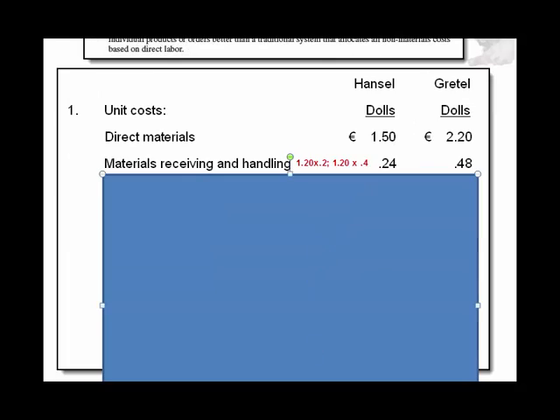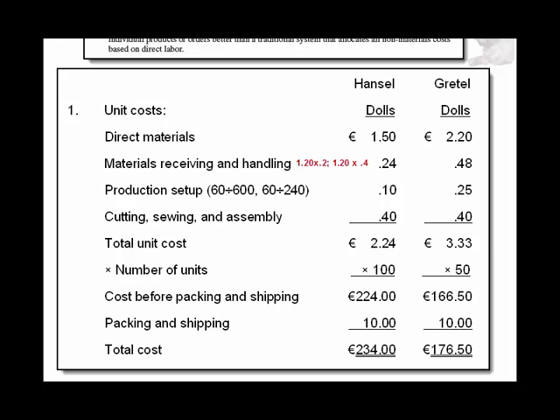Let me just show the rest. Or let me slide this off to the side. So with production setup, we take the 60 euro setup cost divided by the production run, 600 units for Hansel and 240 for Gretel.